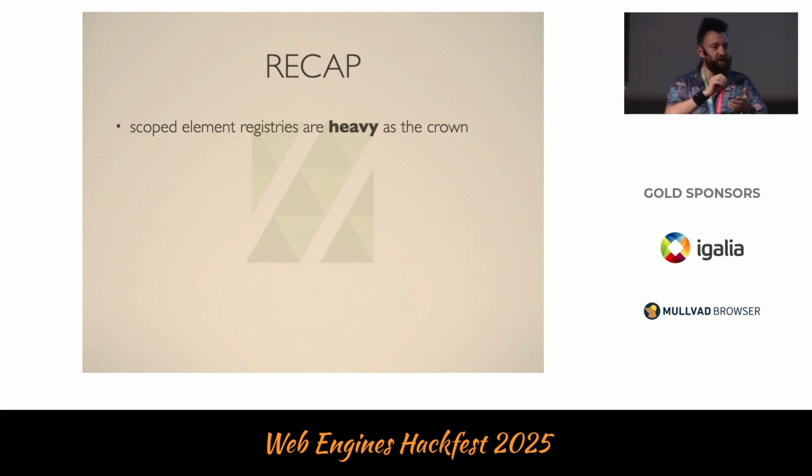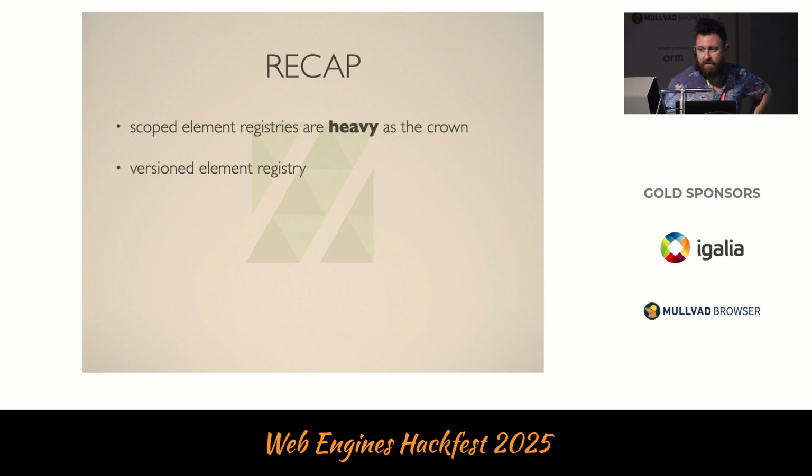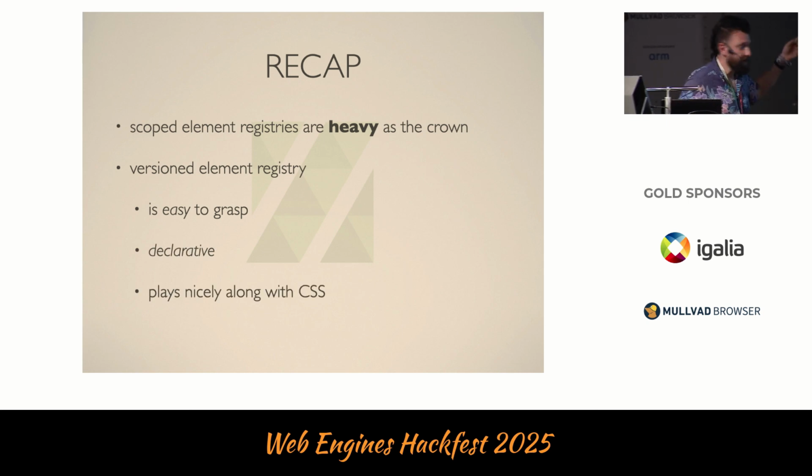So I can move it around and it always stays the same. And that also plays to the fact that everything is rehydratable. Whenever you look at the DOM, it is always giving exactly what it actually is representing. So yeah, I showed the versioned element registry. I think it's easy to grasp. It's declarative, it plays nicely along with CSS, and it can be tested now.